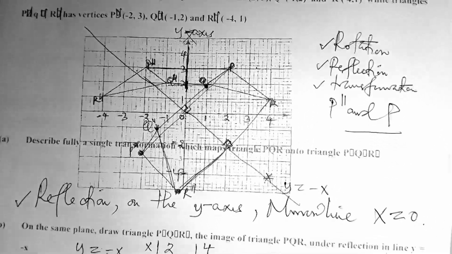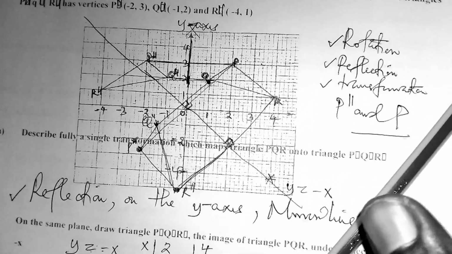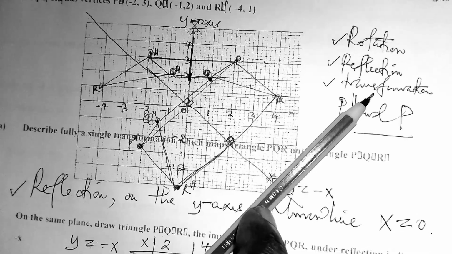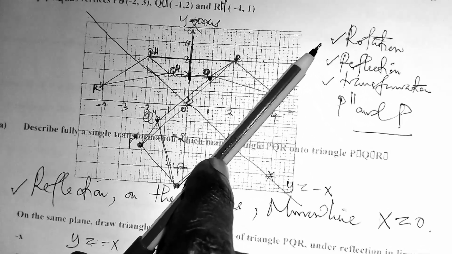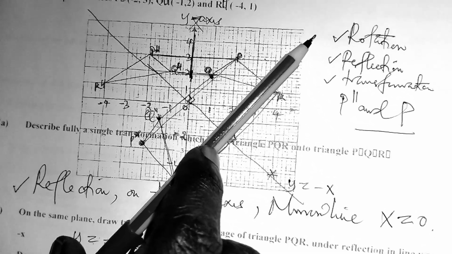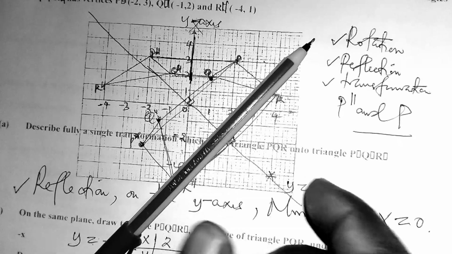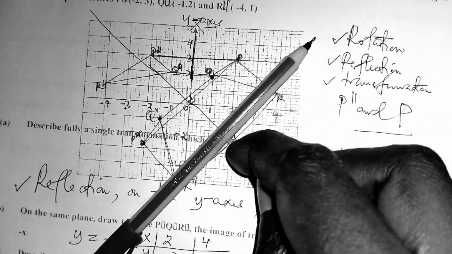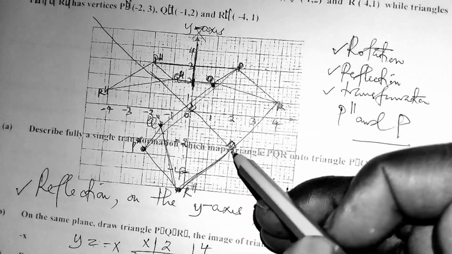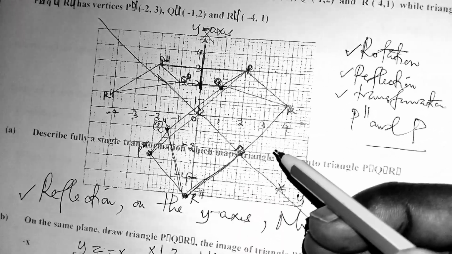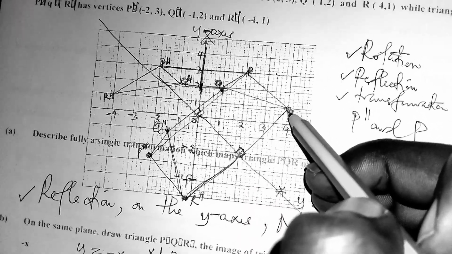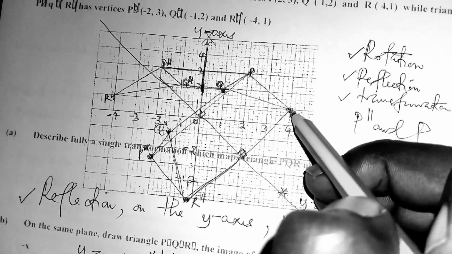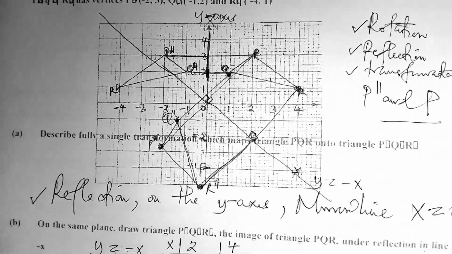You can move your set square until the image is on that point, then draw that line so that it meets the mirror line at 90 degrees. Or you can drop a perpendicular bisector from that point to the mirror line.